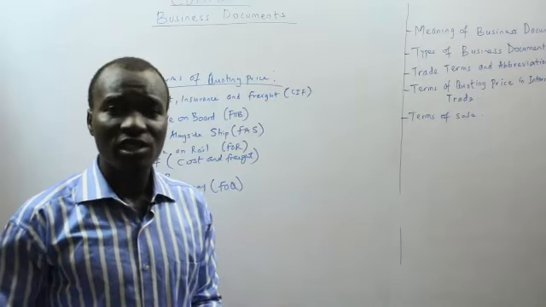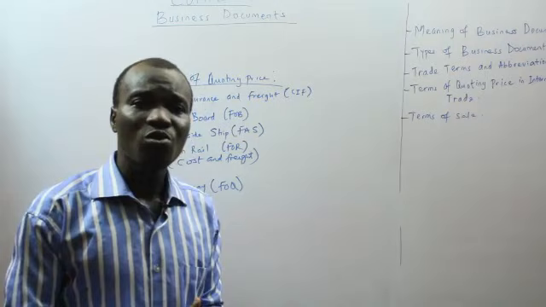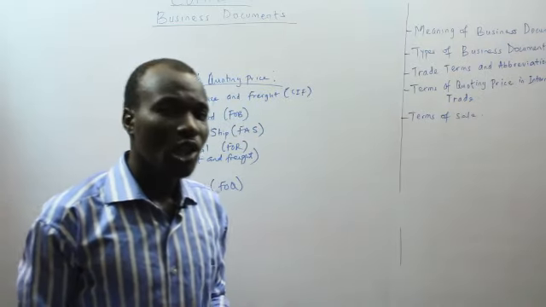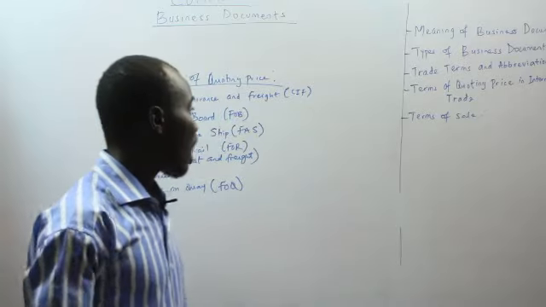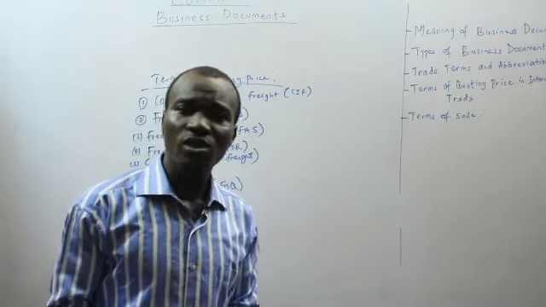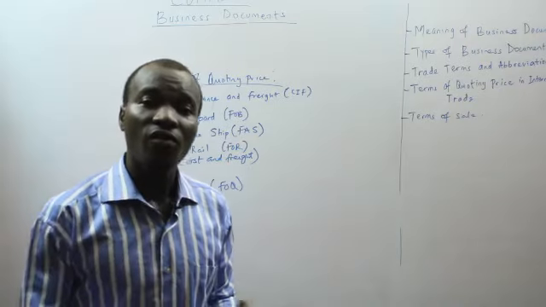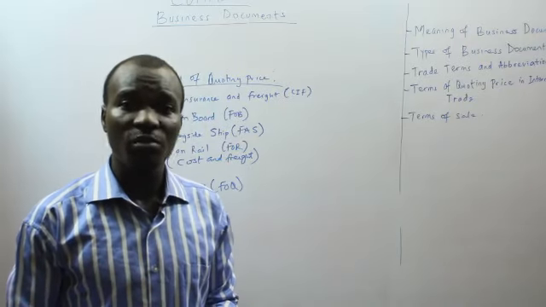That means the price quoted will include all costs that will be incurred in loading the goods into the ship or along the ship. So any form of cost after that will be the responsibility of the importer.